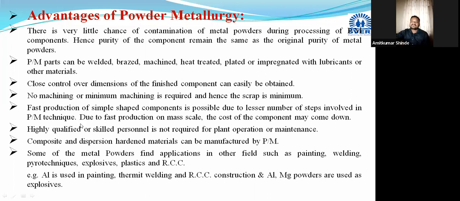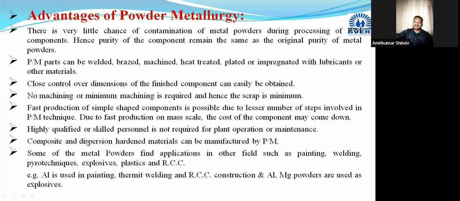And then if a simple shaped component is there, we can do rapid manufacturing, or mass scale production can be done with the help of this powder metallurgy technique. Then highly skilled workers are not required for plant operation or its maintenance.